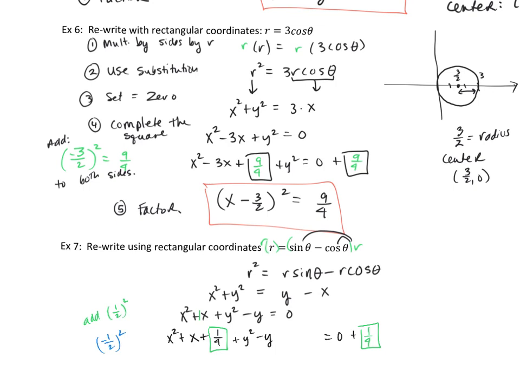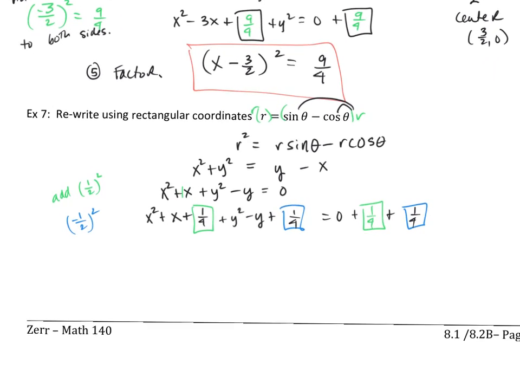So we're going to add a positive 1/4 for y. Then I factor, and I've got (x plus 1/2) quantity squared plus (y minus 1/2) quantity squared is equal to 1/2.